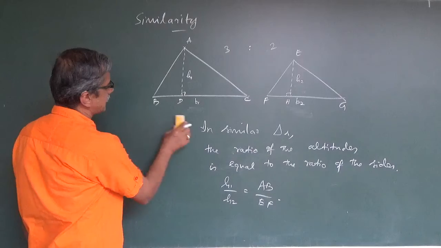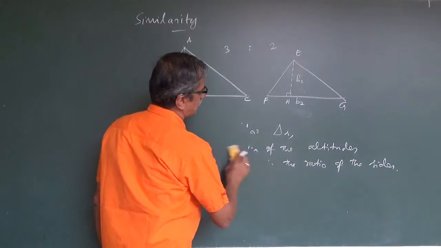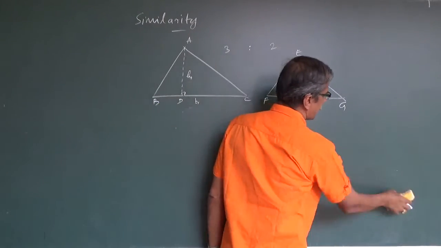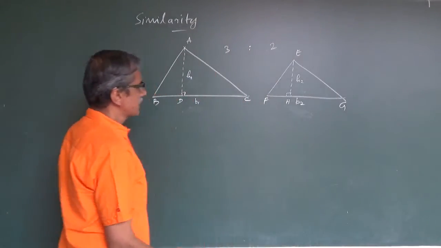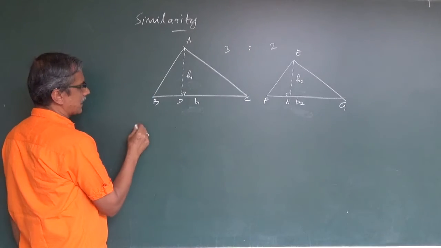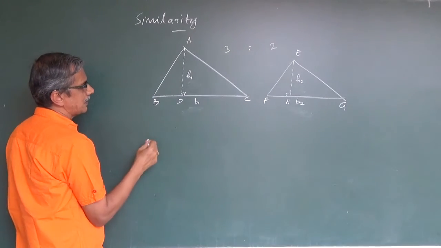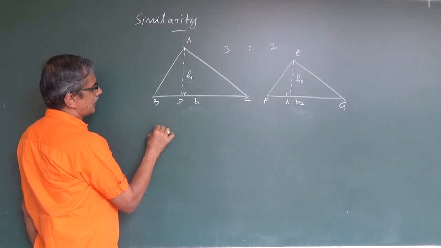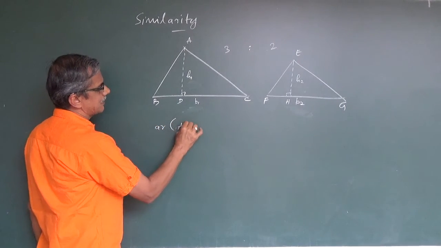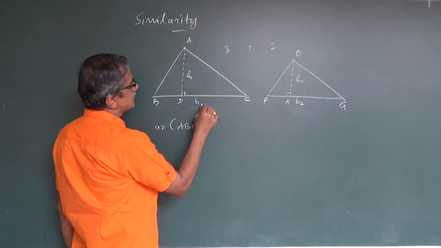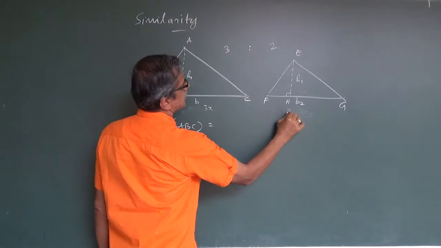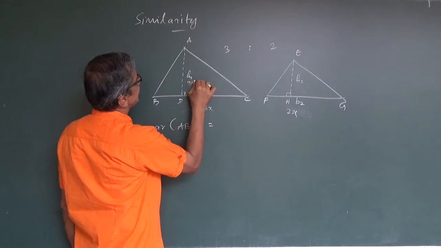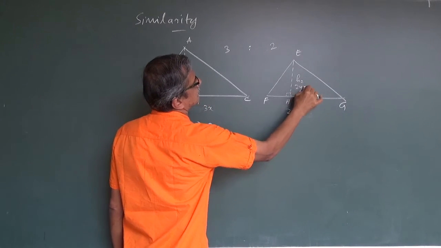Now we will look at the ratio of the areas. First we found that. Second part now, the ratio of the areas. This is 3x, this is 2x, and this is 3y, and this is 2y.